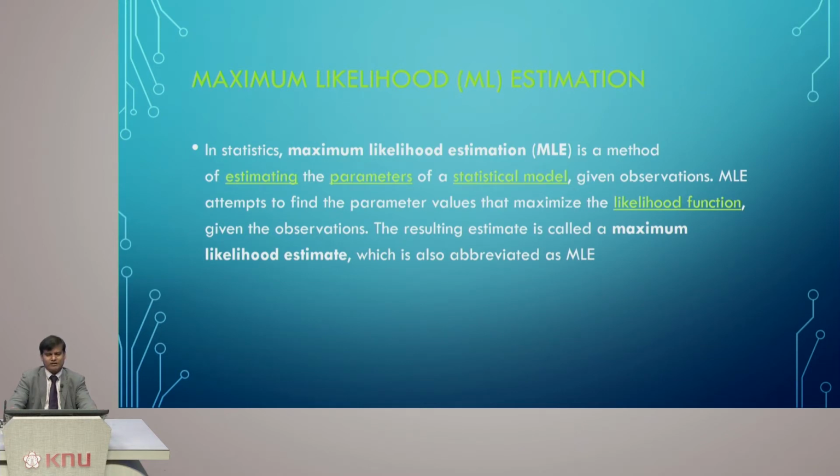For example, we are talking about weather conditions, or about what the sales of a certain product in a shop would be. Or if you are looking at the number of customers going to a particular shop, how many customers are you expecting?